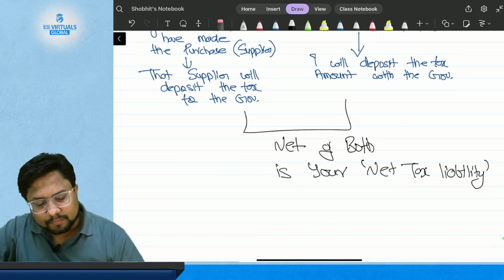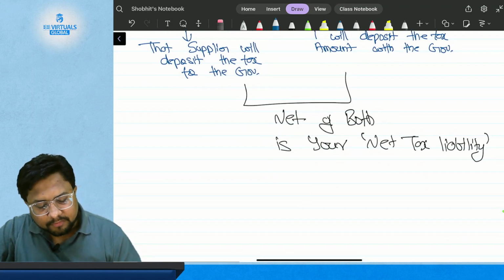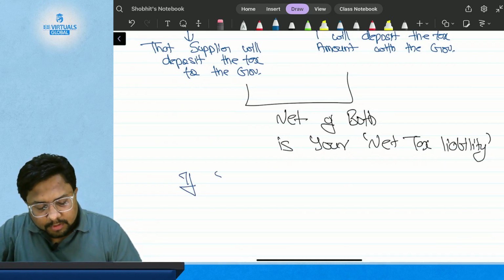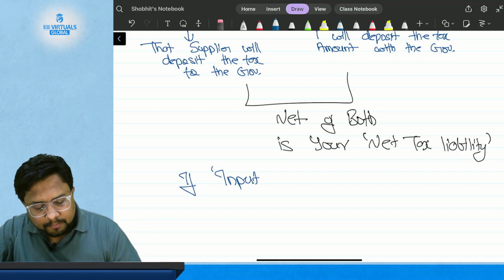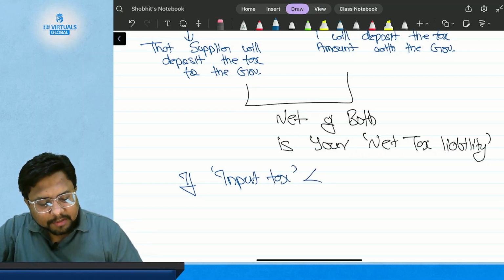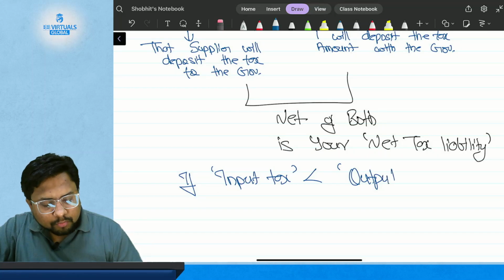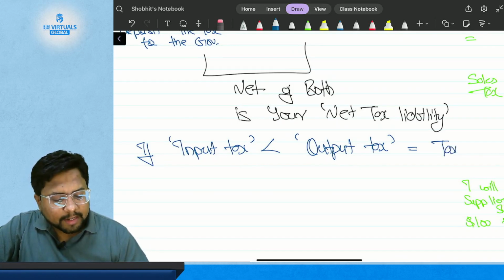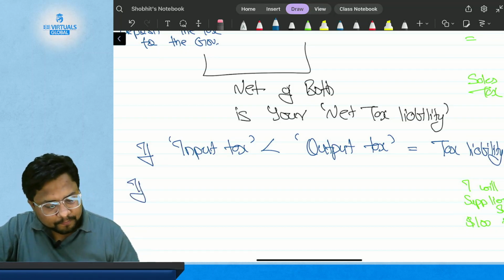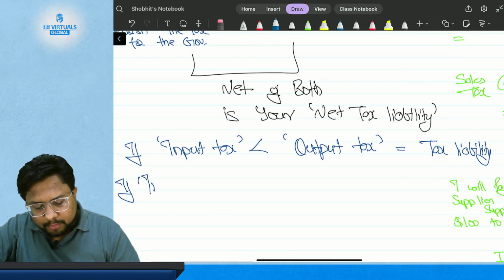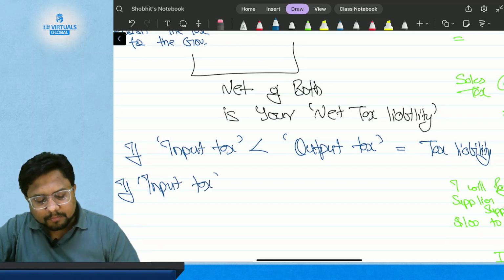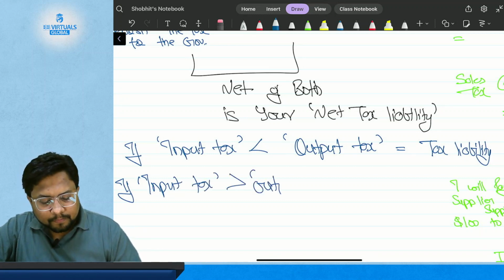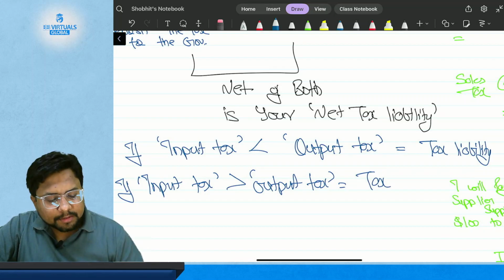So now, if input tax is less than your output tax, it will become your tax liability, whereas if input tax is more than the output tax, it will become the tax refund.